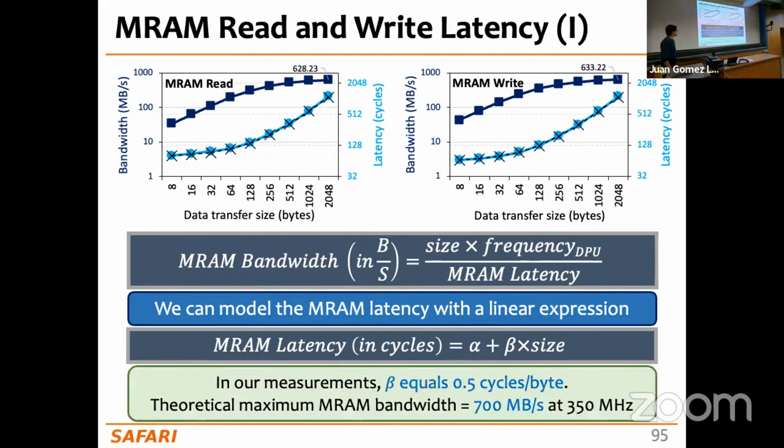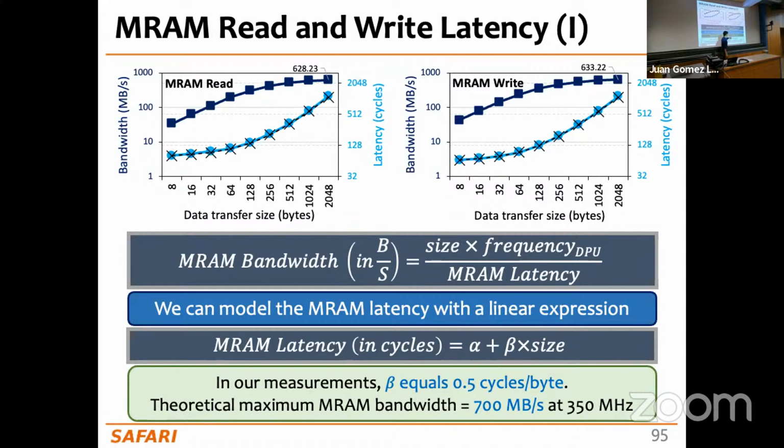But yeah, it's completely linear, and one thing that we obtain from our measurements is that this alpha is constant regardless of the transfer size, and this beta is also constant, but defines the latency based on the transfer size, right?